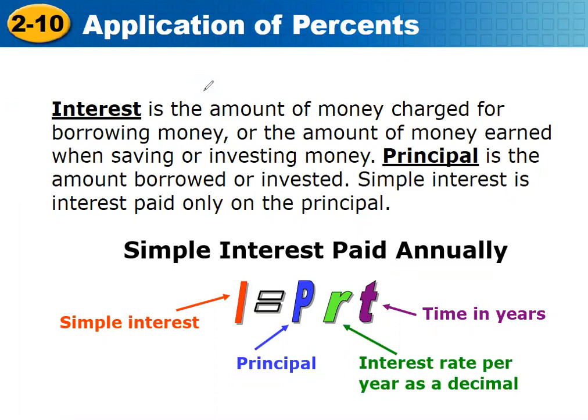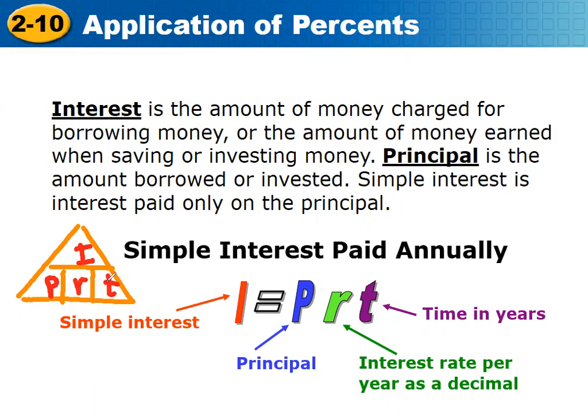I can also give you a magic triangle like this. In the magic triangle, I'm going to put at the top interest is P times R times T.